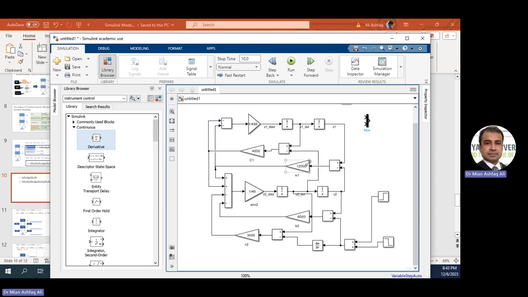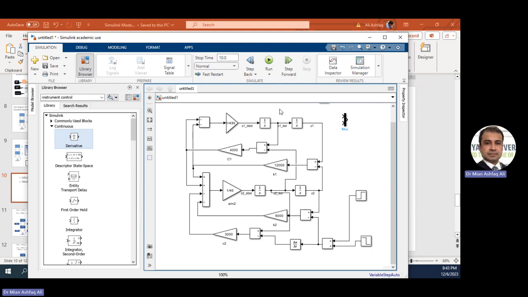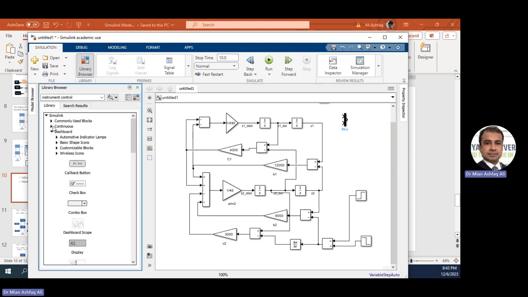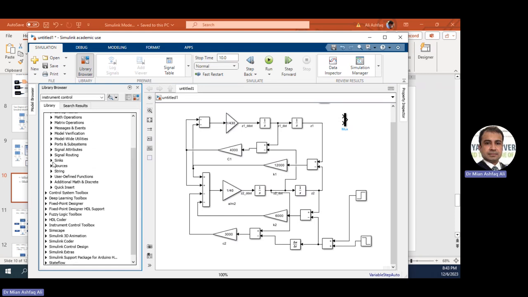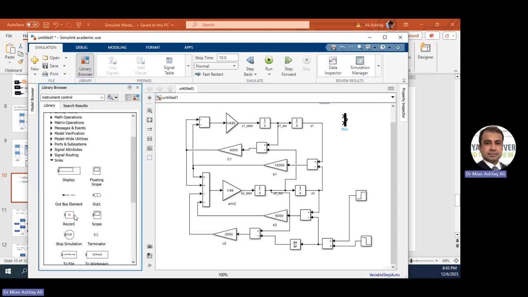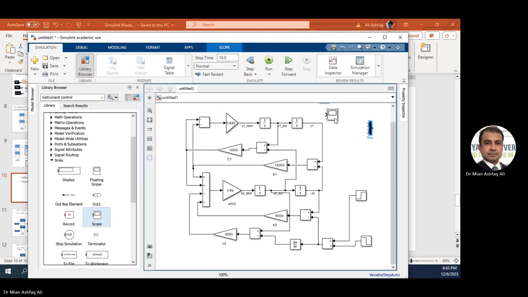And finally, we need to plot the result. So what result do we need? Actually, we need to plot the signal that we are interested in. So if I go to the sink and take scope, I would like to display Z1 as a function of time, and this signal is available here.